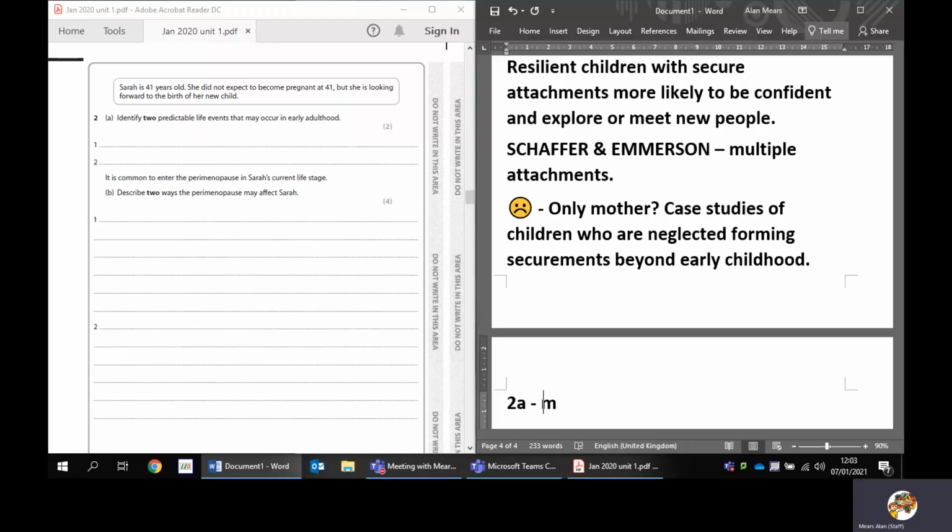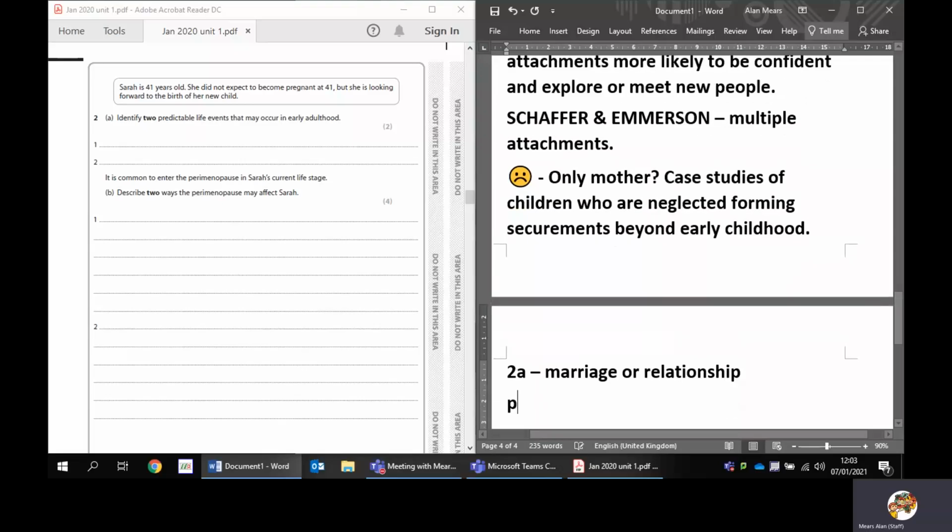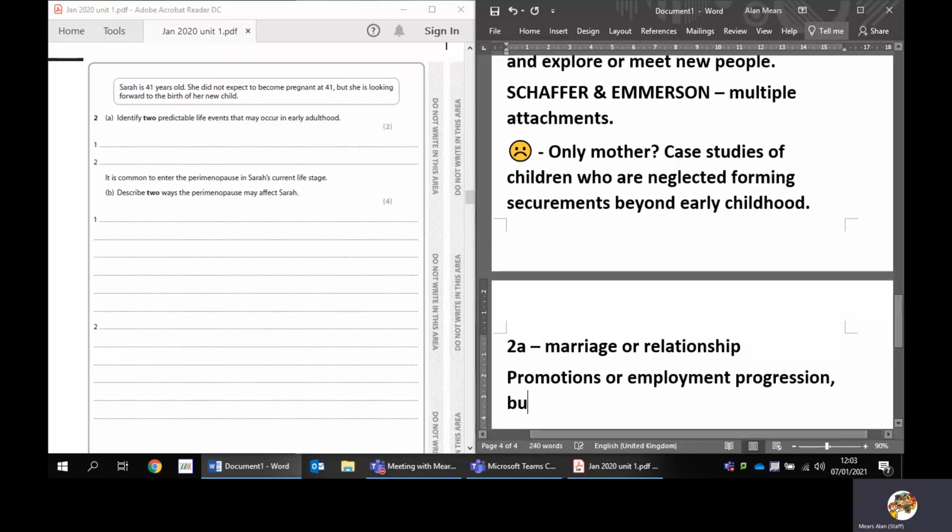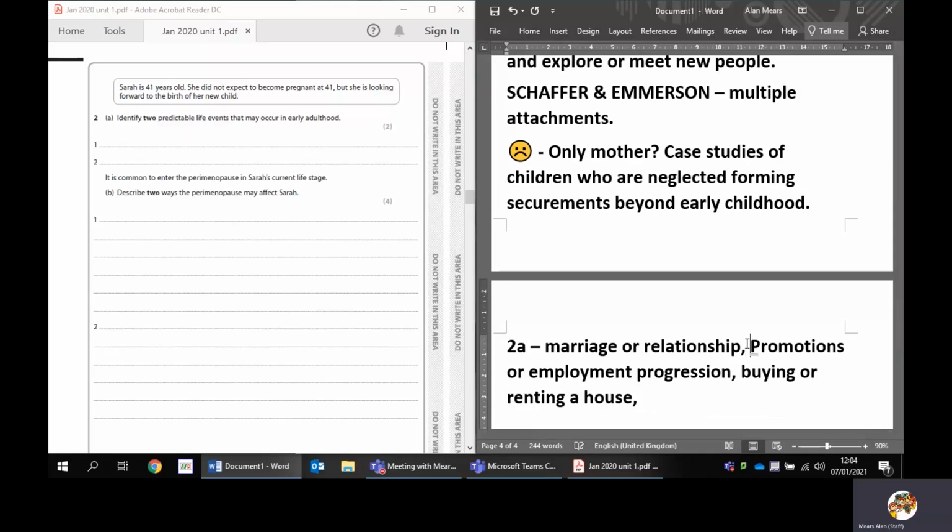So this might be marriage or relationship. It could be promotions or employment progression. Buying or renting a house. So these would be the things that you may see happen in early adulthood.